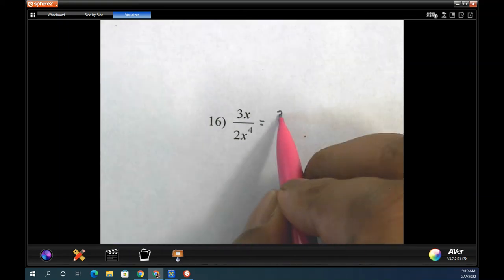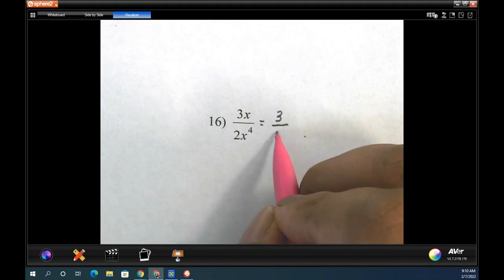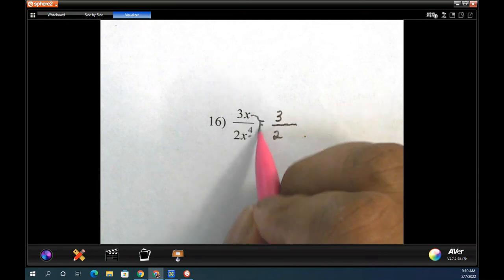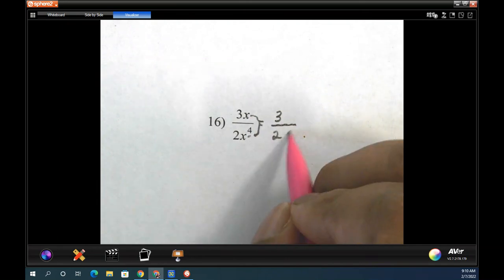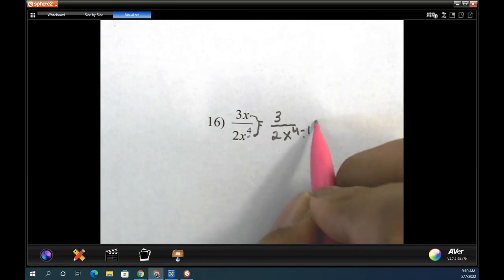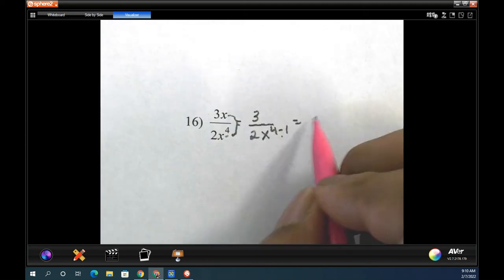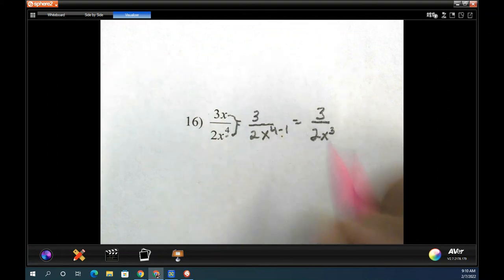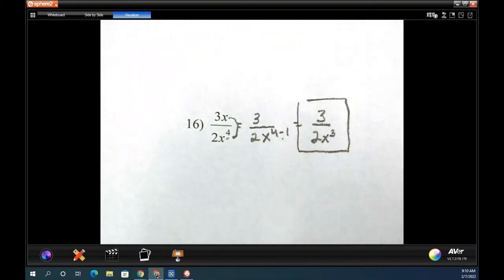Handle your coefficients. 3 over 2. 4 is larger than 1, so you have to move that down there. So it's x to the 4 minus 1. So your answer here would be 3 over 2x cubed. There's your answer. That's it.